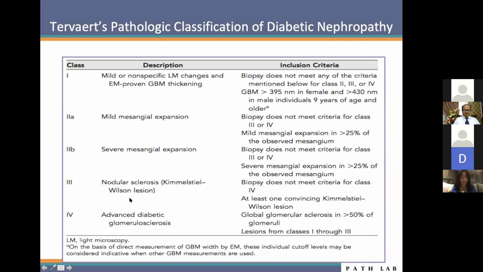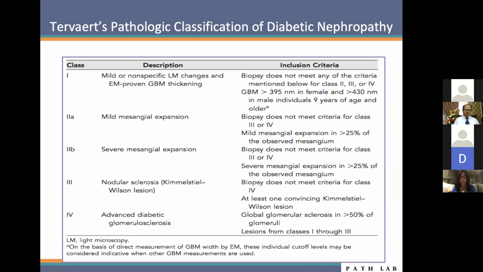Again, these are not stages. Not all patients will march from mesangial expansion to nodular sclerosis. Most patients do, but other patients don't. So you can have more than 50% diabetic glomerulosclerosis without nodular sclerosis, without your classic Kimmelstiel-Wilson lesion.